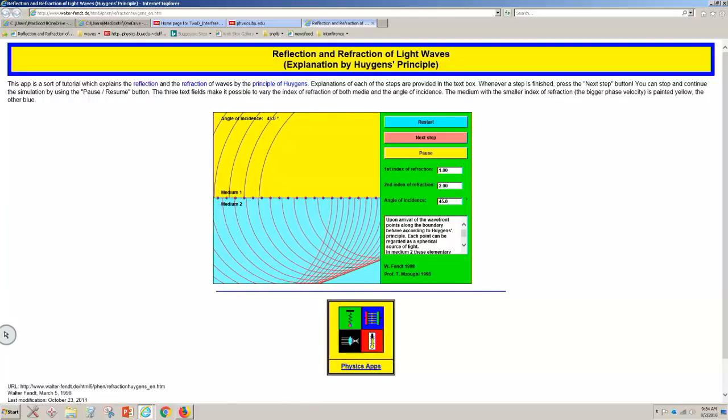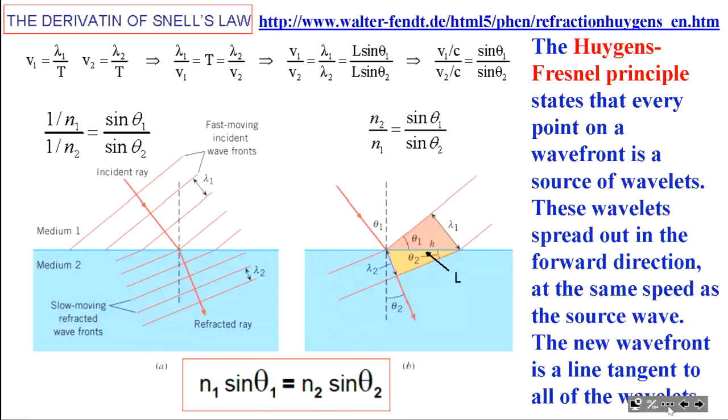How? And here, if you want to, you don't have to, but if you want to, you can just do this simple mathematics. And Snell's law is automatically derived from this, plus the index of refraction is automatically defined as the ratio of the speed of light in vacuum over the speed of light in that medium.